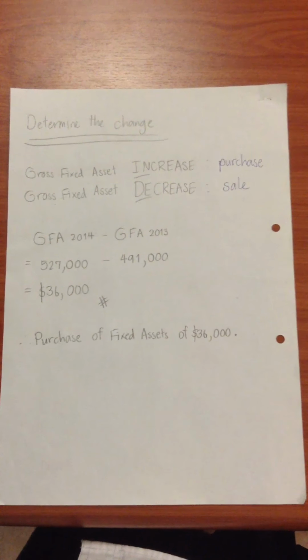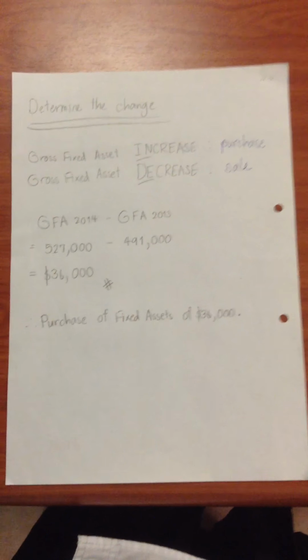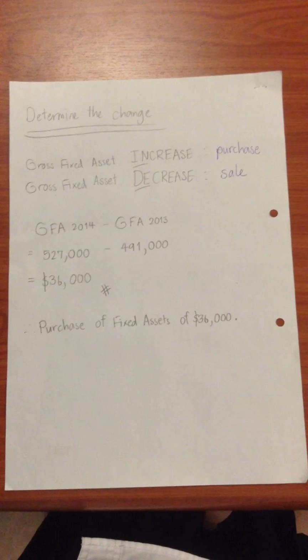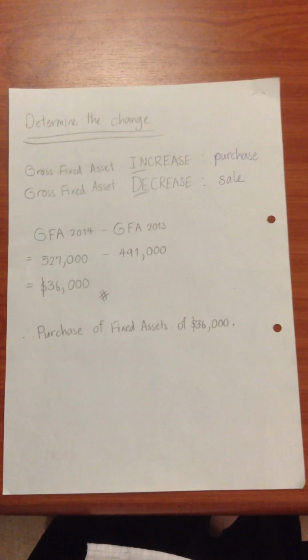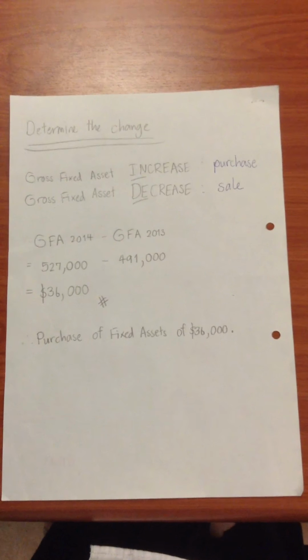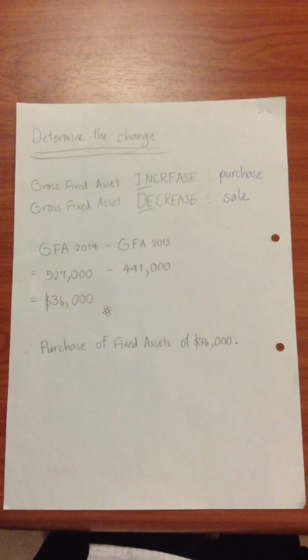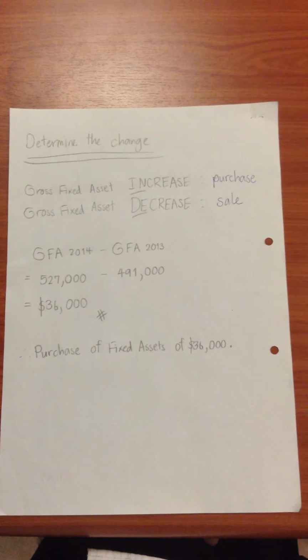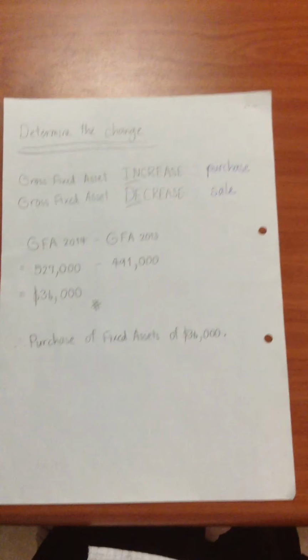And then we have come to the last part, which is to determine the change. So you get gross fixed asset of each year. If the gross fixed asset increases, it implies the purchase of assets. And if your gross fixed asset decreases, it means you have sold your assets.